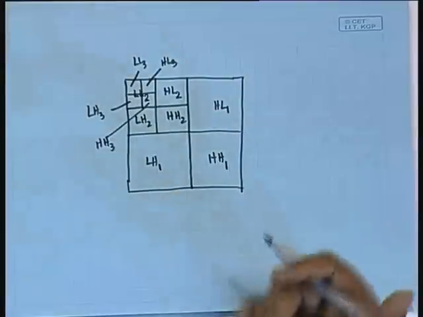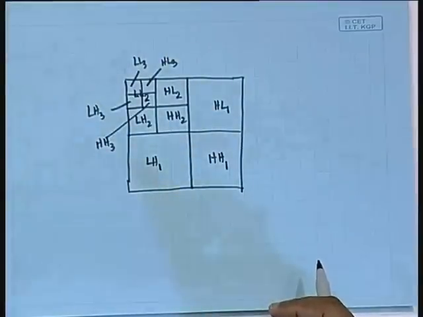Okay. Essentially, what is the purpose? Remember what we talked about in the beginning, that the whole objective of doing the wavelet analysis is localization, and in this case we are talking about the space frequency localization. Okay.